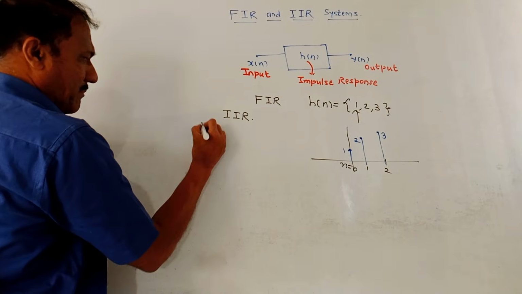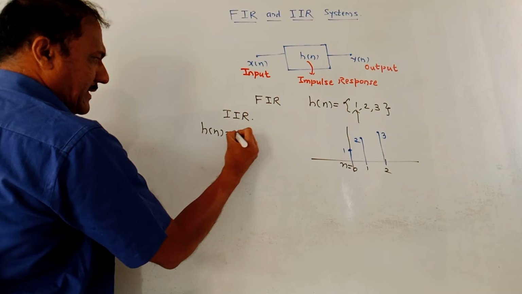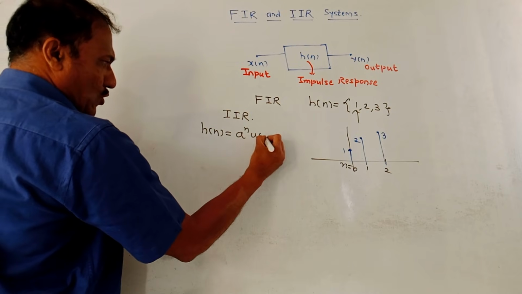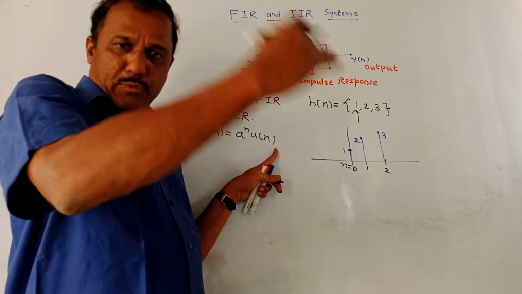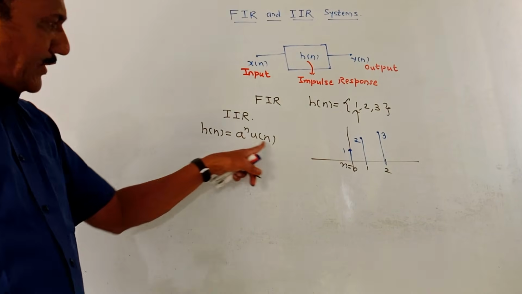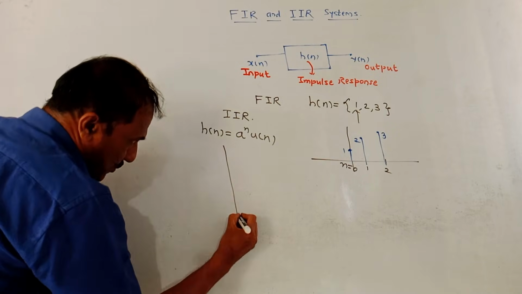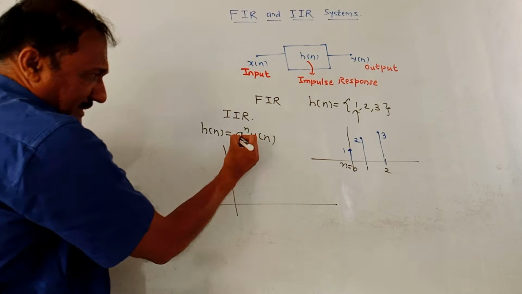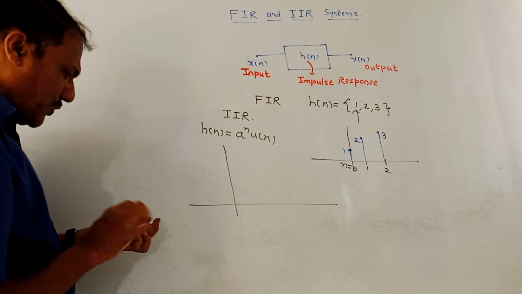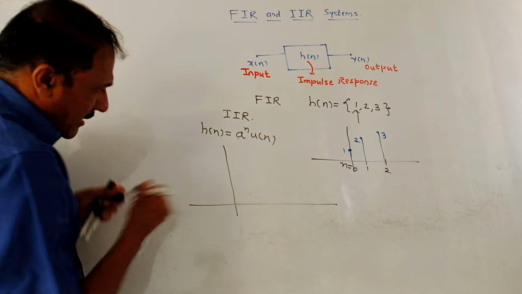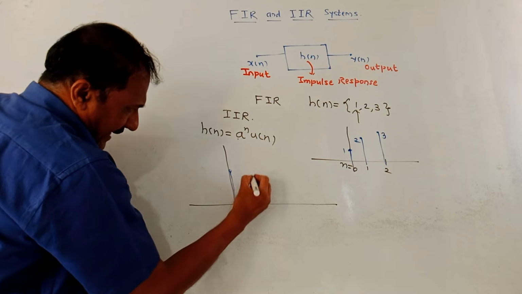we will consider one example. Let us say H of n is a raised to n times u of n. We know that u of n is a unit step function from 0 to infinity. A raised to n into u of n represents an exponential signal. Basically, a raised to n is getting multiplied with u of n, so it is an exponential signal, and let us draw the signal like this.